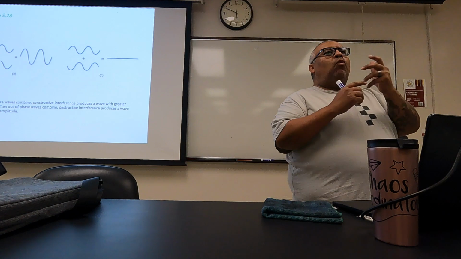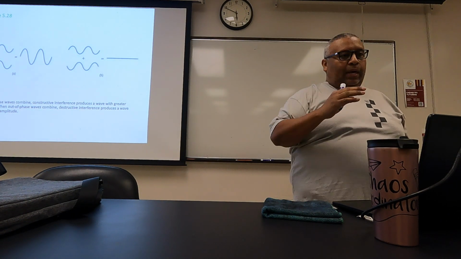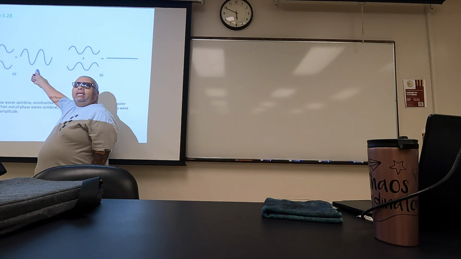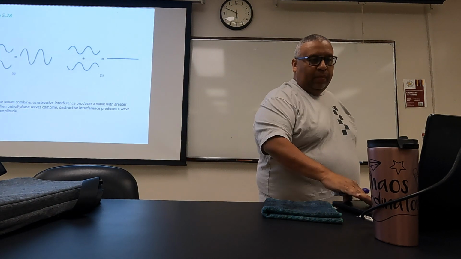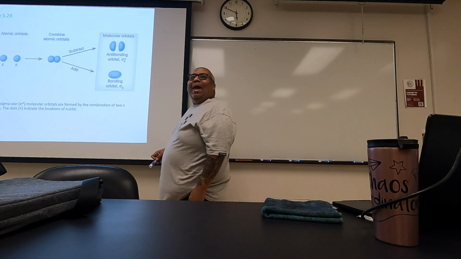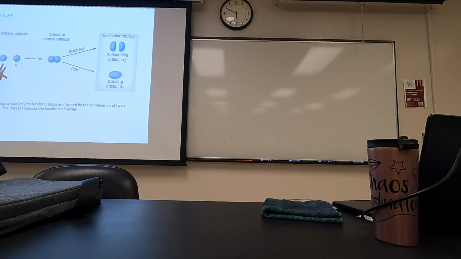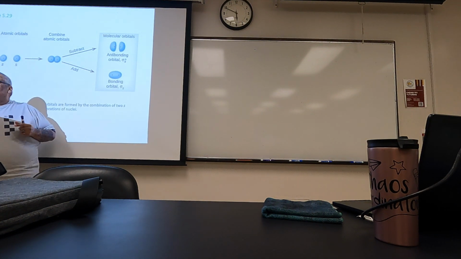Well, atomic orbitals behave the same way. We can add to the electron density, or we can have no electron density. These are what we consider to be bonding and anti-bonding orbitals. So here we have two atomic orbitals, both some s orbitals, and we have our overlap, our sigma bond here. And this sigma bond, if we do it constructively, here we get what we're going to call a bonding orbital.